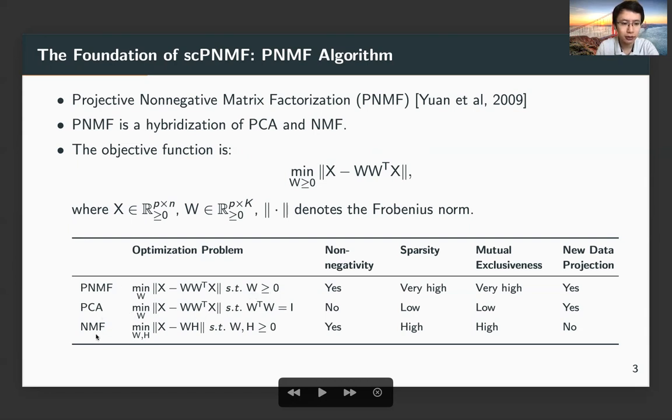If we compare it with NMF, we can see they are also very similar. But in NMF, you need to estimate W and H together, while in PNMF, you only need to estimate W. Therefore, PNMF is theoretically a combination of PCA and NMF, and this gives it much higher sparsity and better mutual exclusiveness compared to both PCA and NMF.